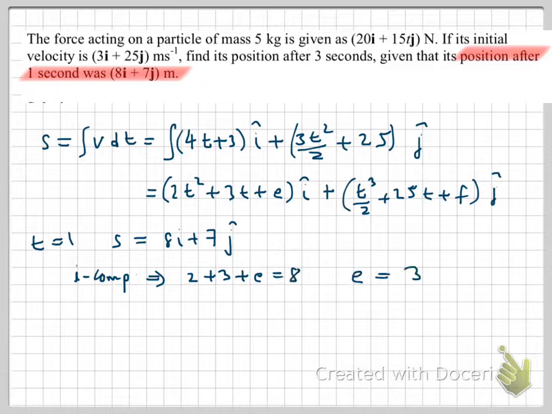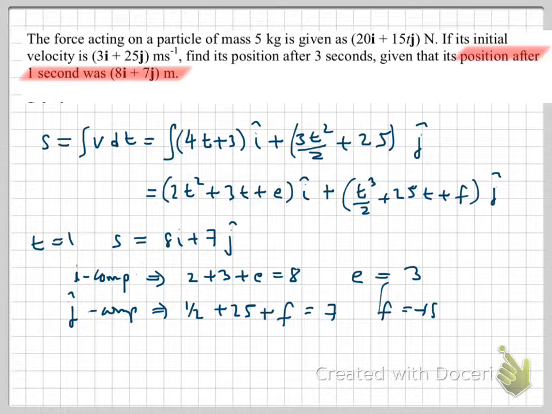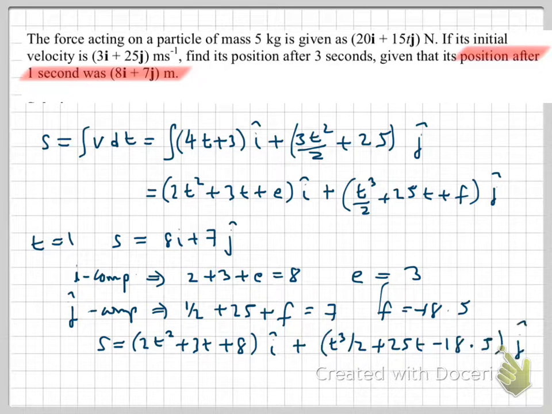If we treat each component separately, we get e equals 3, and in fact f equals minus 18.5. And we're asked to find the position after 3 seconds. So if we write an expression for s and substitute t equals 3, then we have an equation for s after 3 seconds as 3i plus 70j.